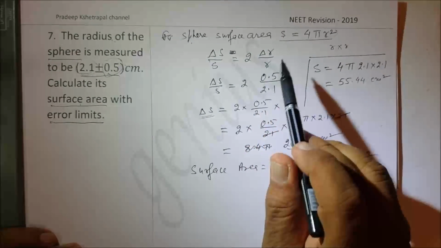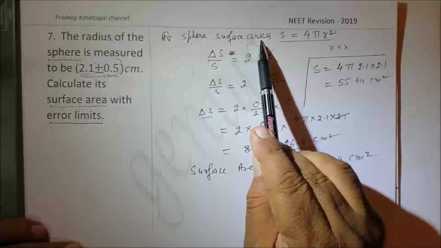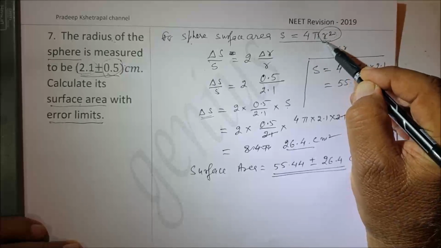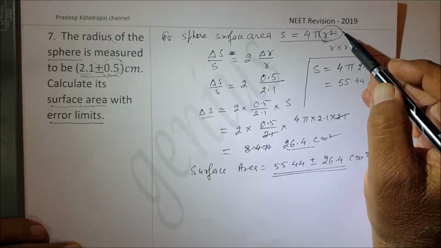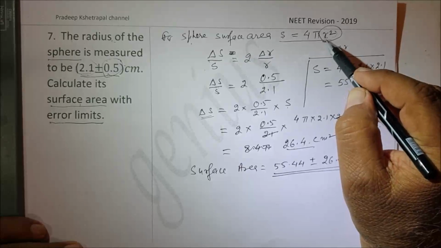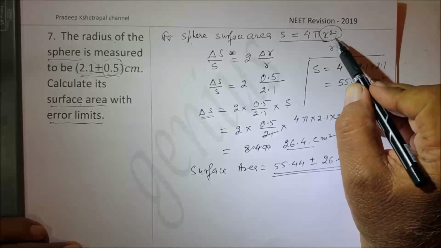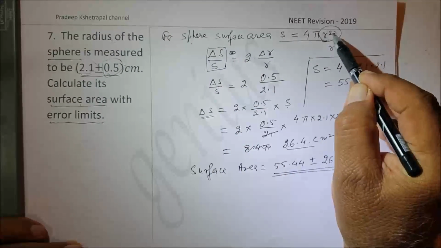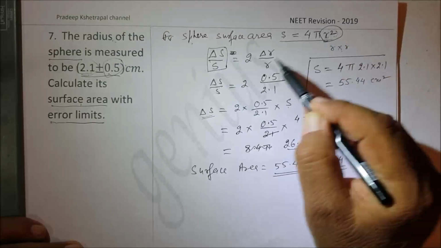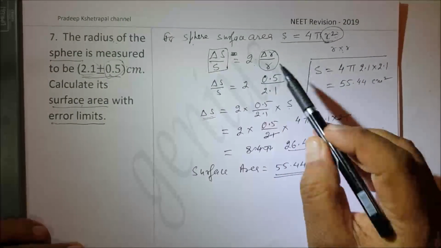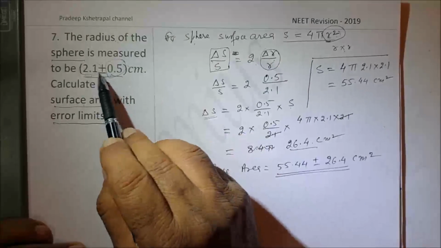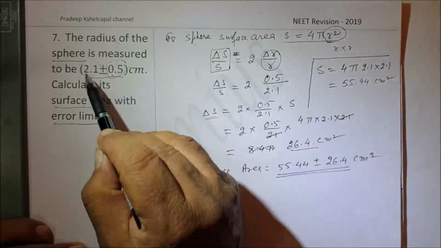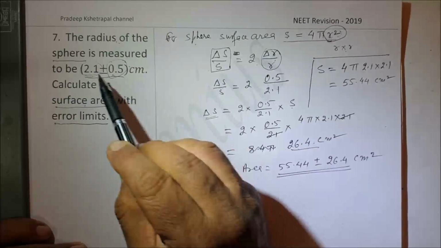Once again, when we calculate surface area with radius, then this is r multiplied by r square. Therefore, because of multiplication, the relative errors will be added up. So the relative error of the area is 2 times the relative error of the radius. The relative error of the radius we have seen from here. Put the values, and this surface area we calculated from the mean value.